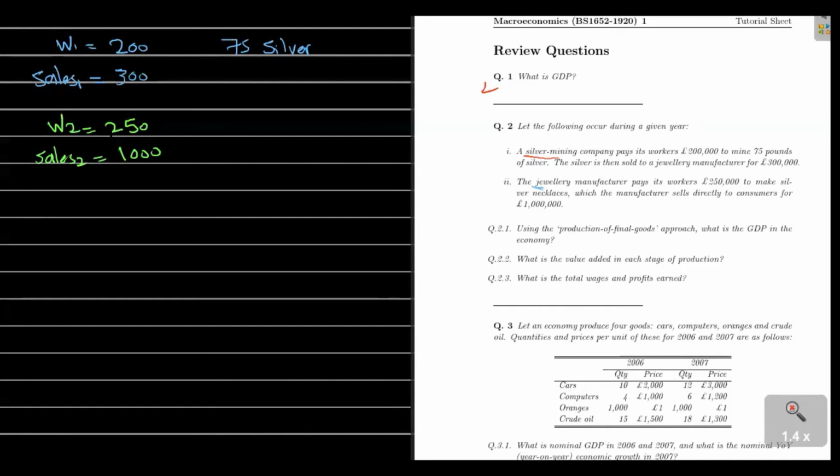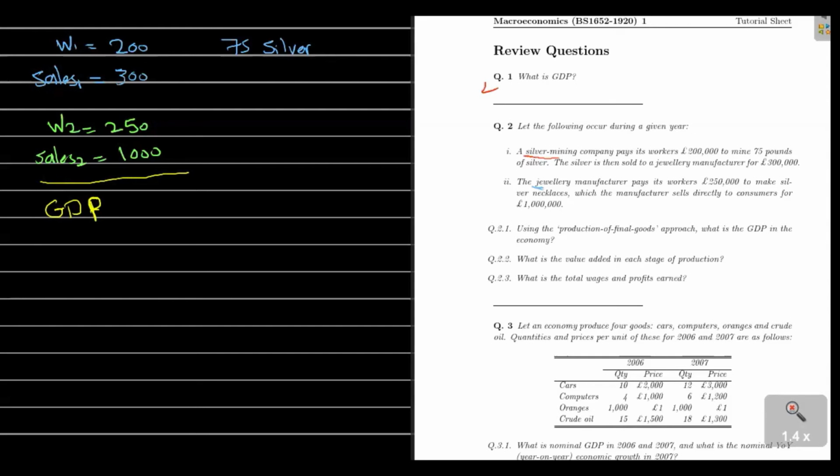So the question now: how much is GDP? Assuming these are all the firms in a society, how much is GDP according to the final product approach?